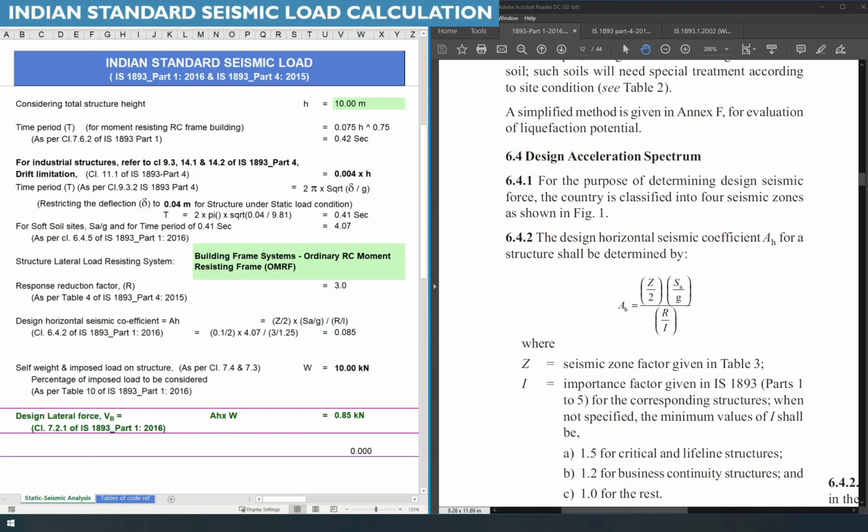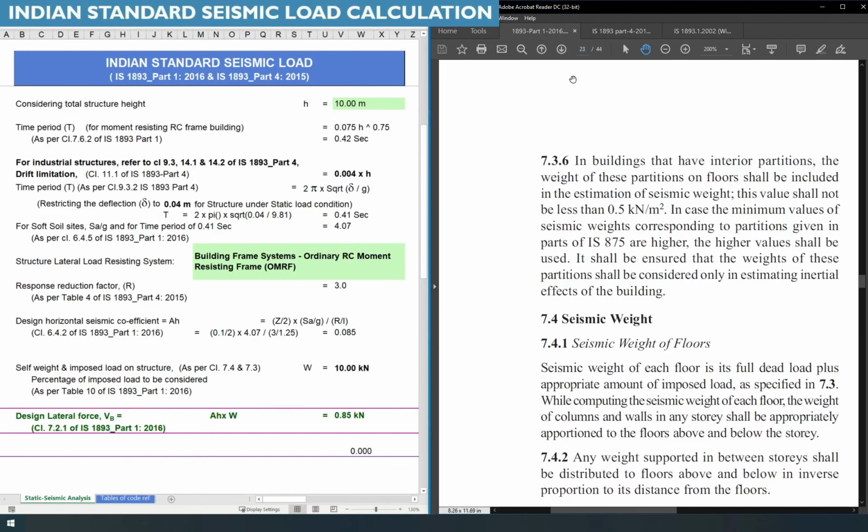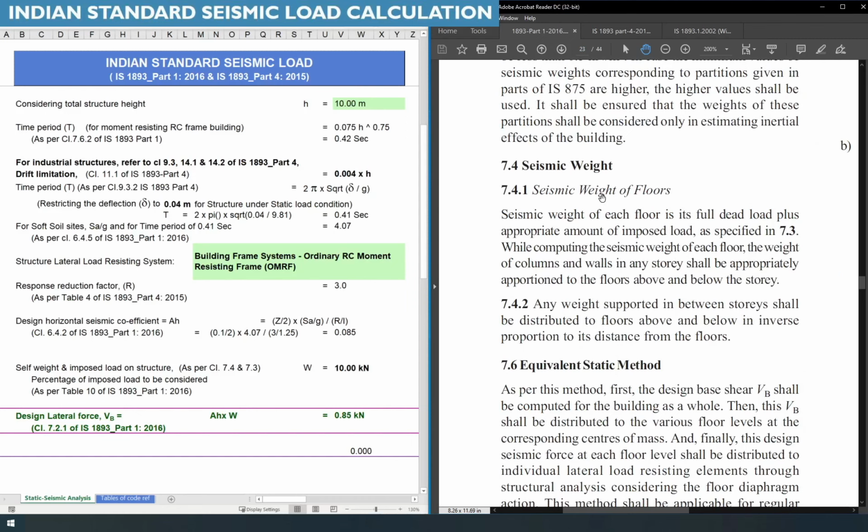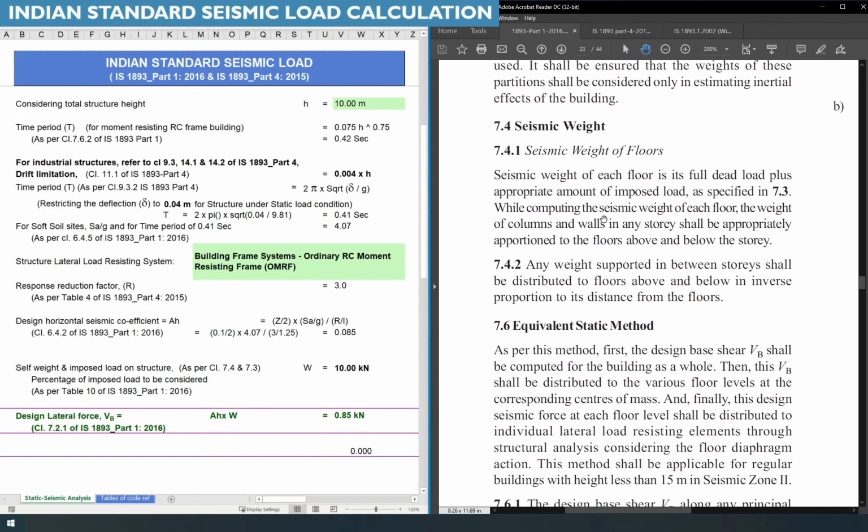Next we need to find the seismic weight. For finding the seismic weight, we should refer to clauses 7.4 and 7.3 of IS 1893 Part 1, on page number 23. Page 23 states how to find the seismic weight.